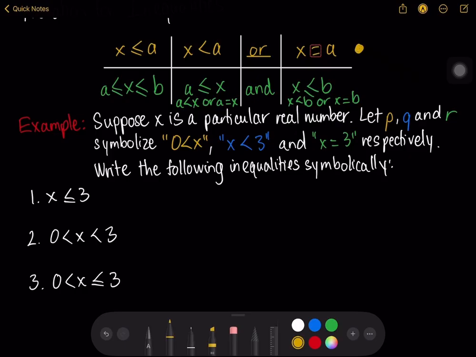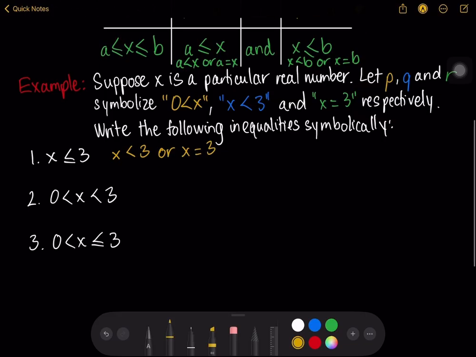Over here, we have x less than or equal to a, which means this one is x less than 3, or x equals 3. Okay, first one is easy, right? And now we're going to do it symbolically using p, q, and r.